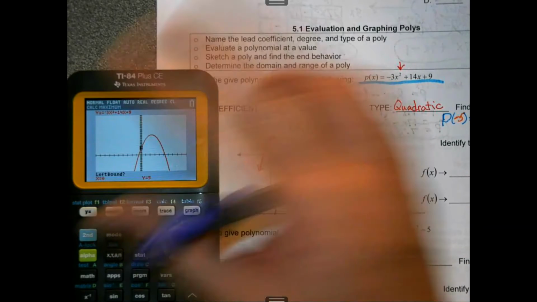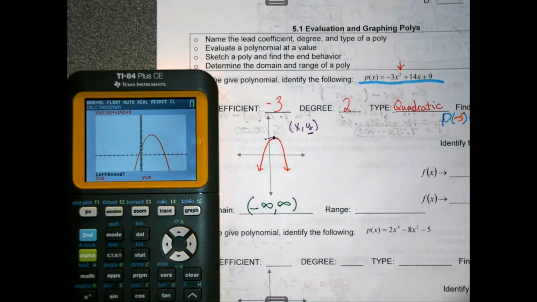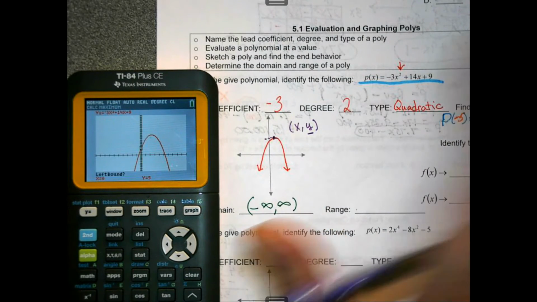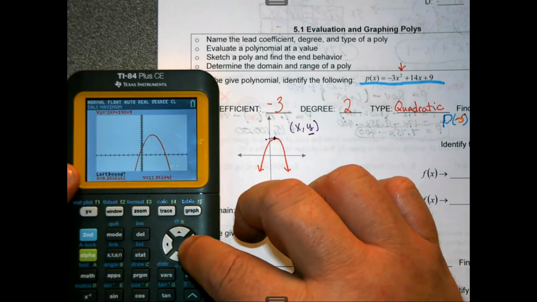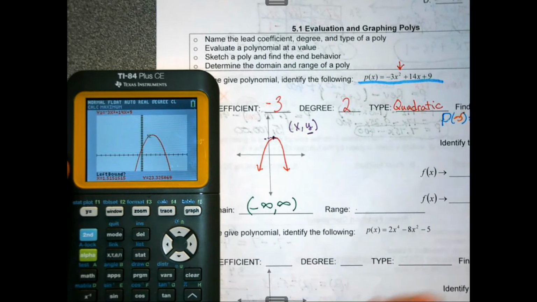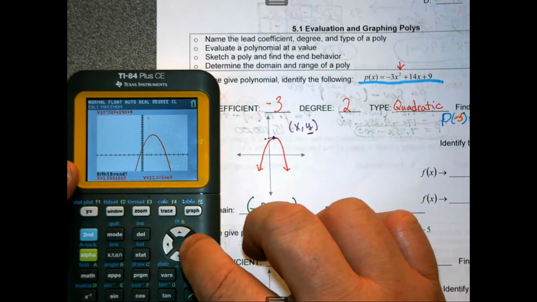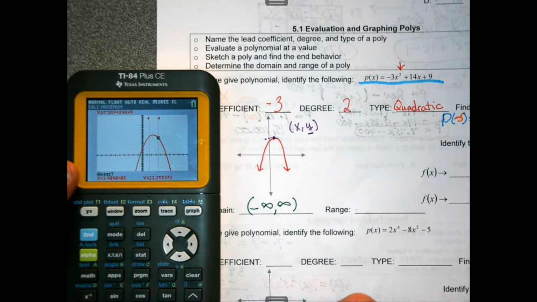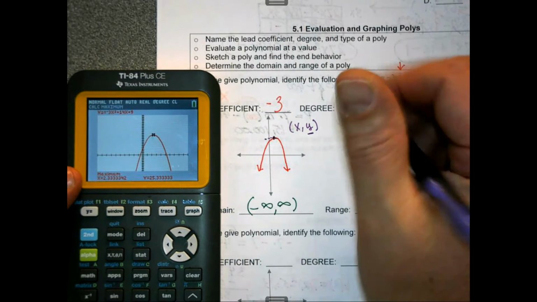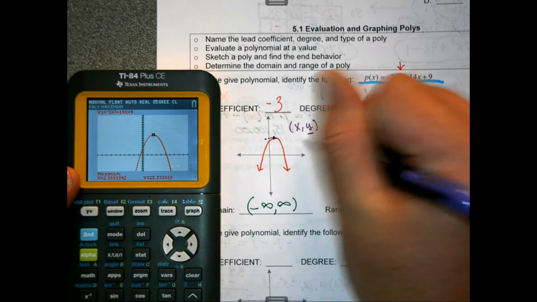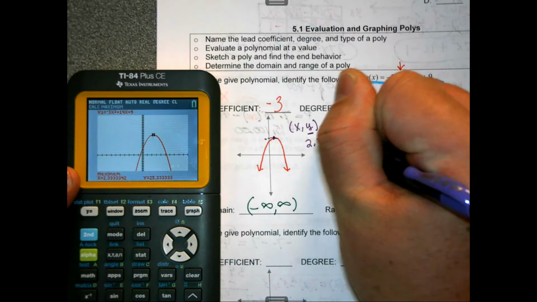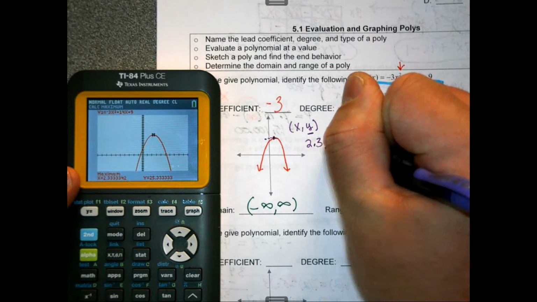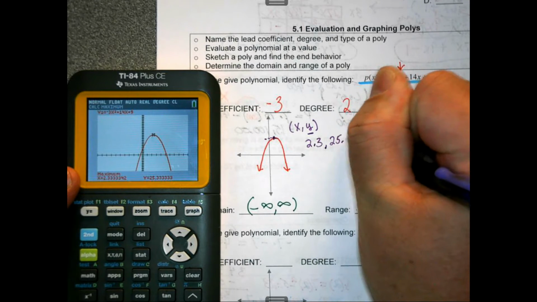Now, if you didn't zoom out with your window, you're going to have a hard time with this because you need to see that vertex. So left bound, enter, right bound, enter, hit enter again. And my vertex is 2.3, comma, 25.3.